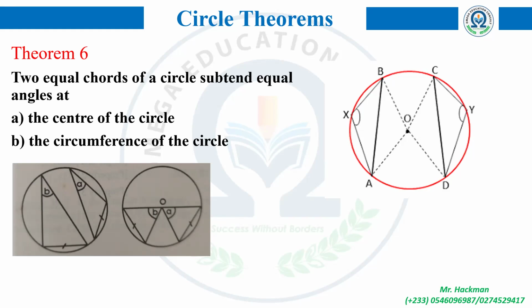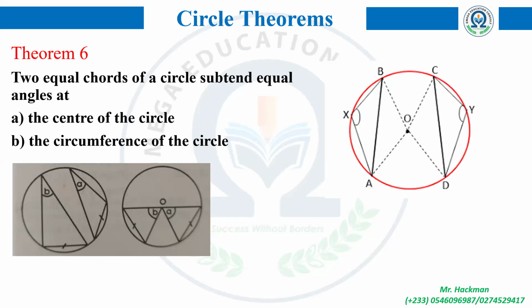Okay, all right. So this is what we have. We are going to look at theorem 6, our next theorem. You can see it reads: two equal chords of a circle. So I'm talking of chords of the same length. They are equal in terms of length. They subtend equal angles, one at the center of the circle, then two at the circumference of the circle.